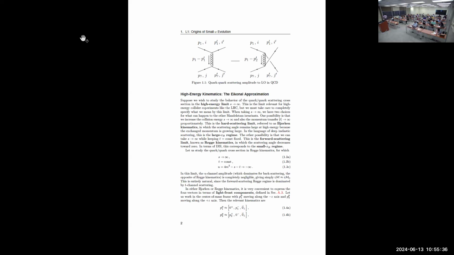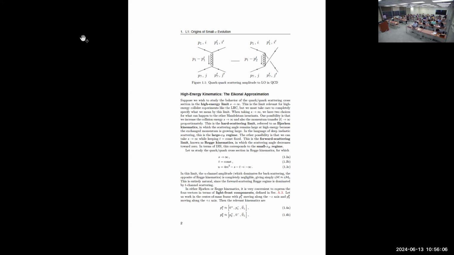And the limit that I care about here is the limit in which s is going to infinity. S is (p1 plus p2) squared. And the limit that I'm interested in is going to turn out to be the one where p2 plus and p1 minus are both becoming very large. So if I compute this dot product, then this is approximately 2p1 dot p2. And this is approximately 2p1 minus p2 plus.